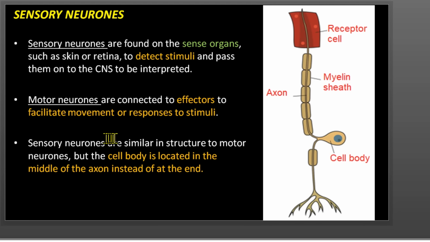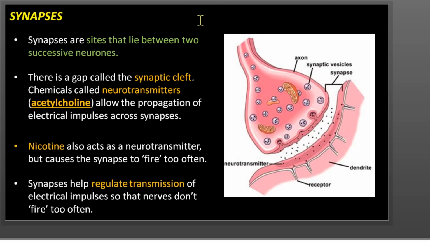Sensory neurons are similar in structure to motor neurons, as you could see here, but the cell body is not on the end. Instead, the cell body is located in the middle of the axon. Now between two neurons there's a gap. That gap is called a synapse, and synapses are sites that lie between two successive neurons. So there's a gap between the two neurons called the synaptic cleft, and there are chemicals secreted from the neuron through these little sacs called vesicles, and these chemicals are called neurotransmitters.